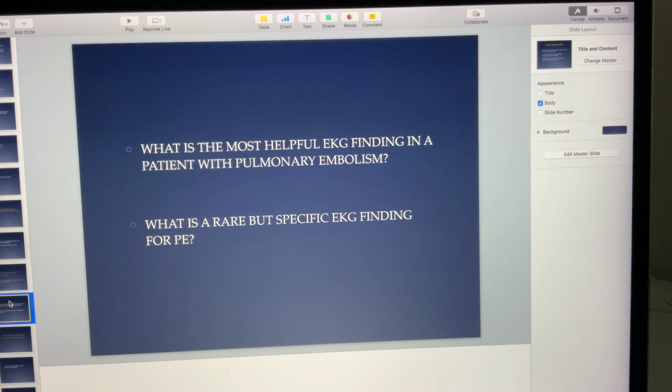Next question, what is the most helpful EKG finding in a patient who has pulmonary embolism? And what is a rare but specific EKG finding in someone who has pulmonary embolism? One is most helpful, the other one is more specific, but it's not common. Let's find out.